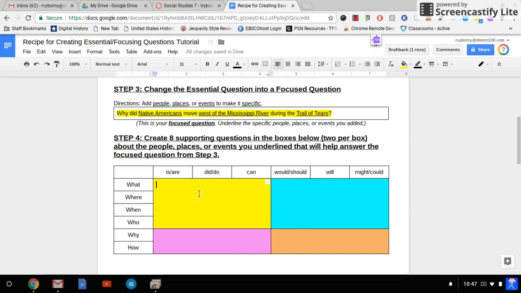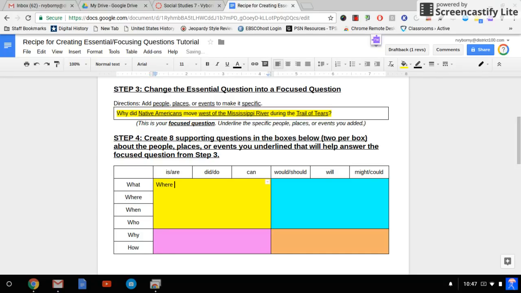Now, if I'm going to ask a question that's going to go in this box, it has to start off with one of these 4: what, where, when, and who. And it also has to include one of these top 3 here: is, are, did, do, or can. Okay, so I'm going to go with where.